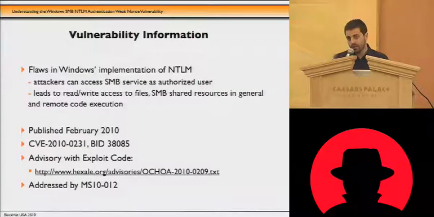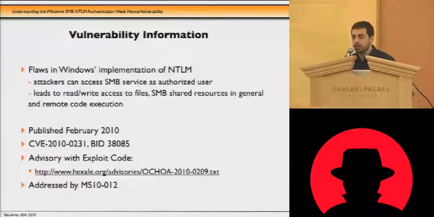Basically, this vulnerability is not just one vulnerability, but consists of a series of flaws in the way that Windows implemented the NTLM authentication protocol. An attacker that can exploit these flaws can access the SMB service without any kind of credentials, and once he has done that, he can gain read-write access to files, gain access to any kind of resource that is being shared using SMB, and also execute code remotely by using DCE RPC over SMB.